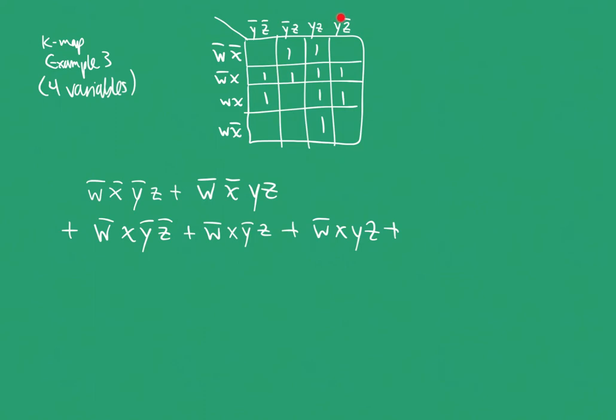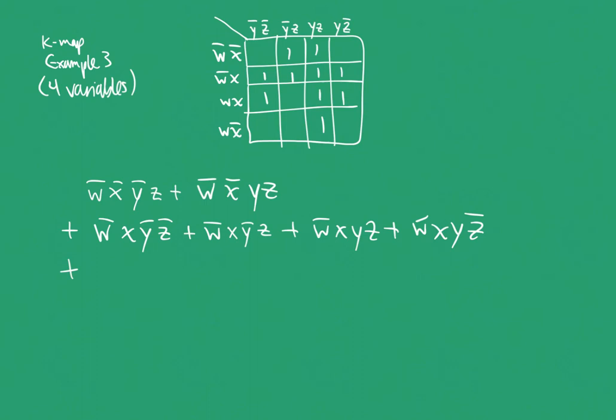You might notice I fixed the bar on the Z here because it was a little too long. It looked like it was covering the Y as well, so I just wanted to eliminate that potential confusion. All right, so we have W bar X, Y, Z bar.